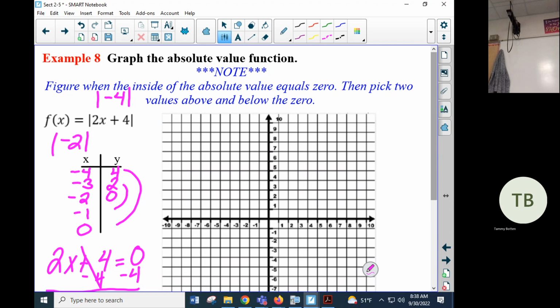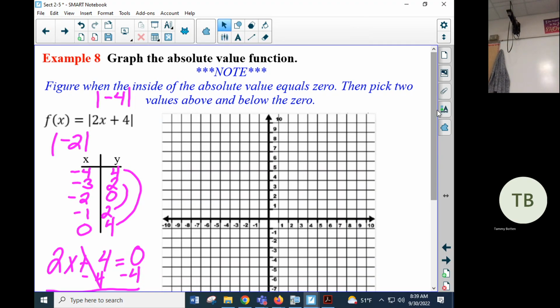Okay, but you should check. If you put -1 in there, 2 times the -1 is -2, plus 4 is 2. Absolute value of 2 is 2. So like I said, these 2 are going to be the same. If I put 0 in here, 2 times 0 is 0, plus 4 is 4. Absolute value of 4 is 4.